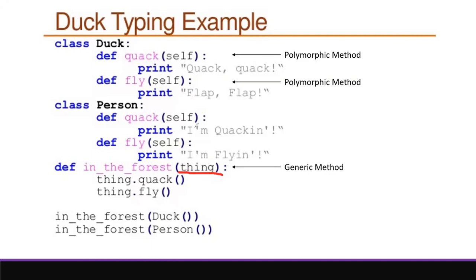So this one saying that duck typing is like this is thing, as long as it quack and fly. This function can process any type of thing that can quack and fly. So you have the duck that can do this, and your person can also do that. This is called duck typing. Is that okay?